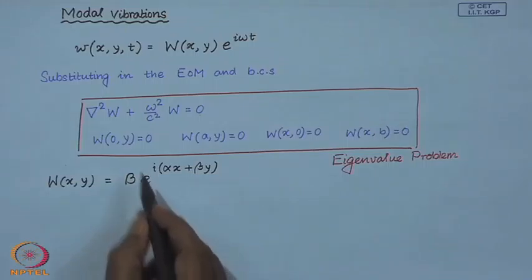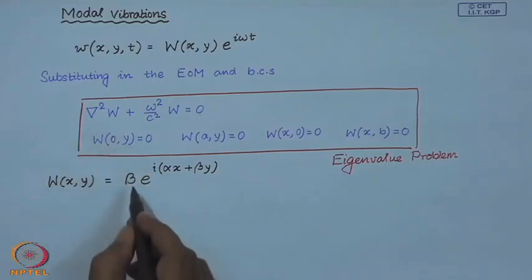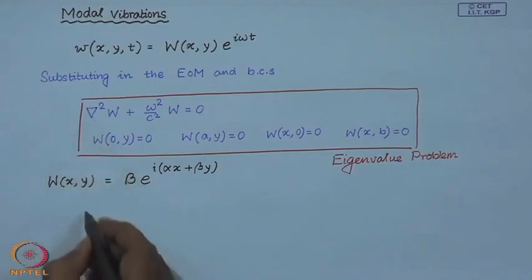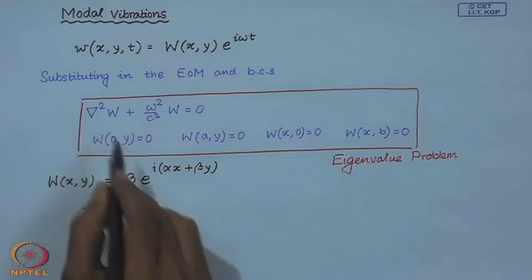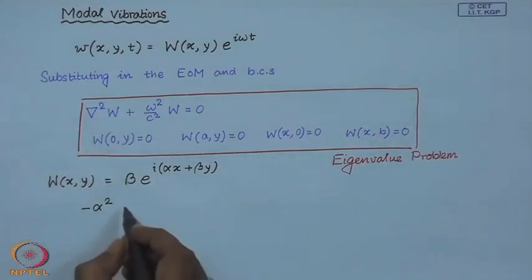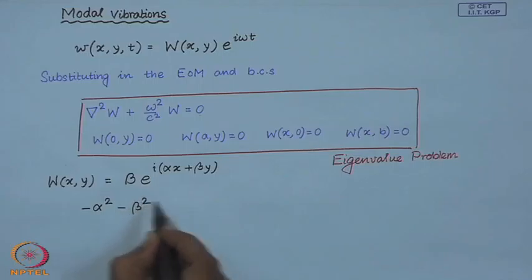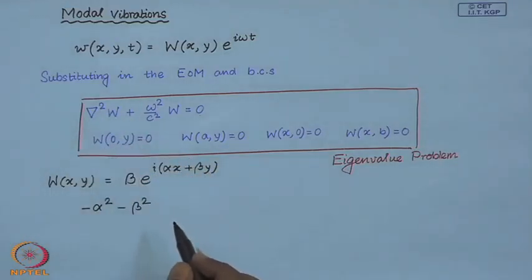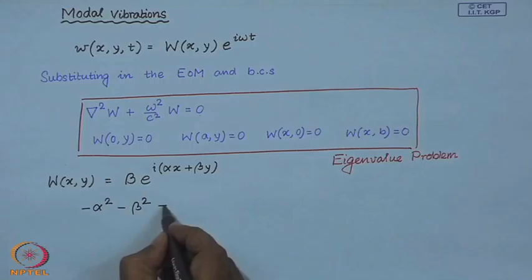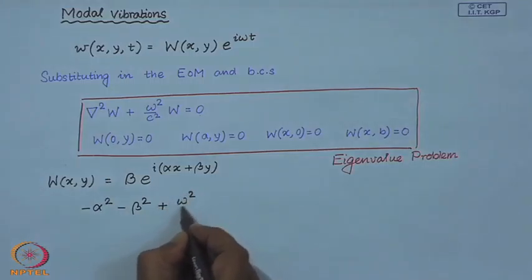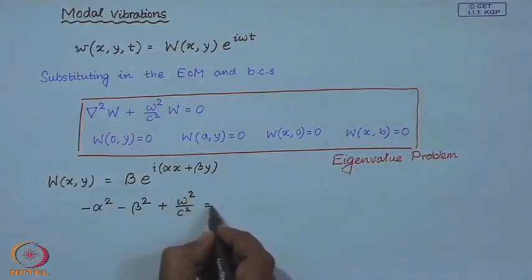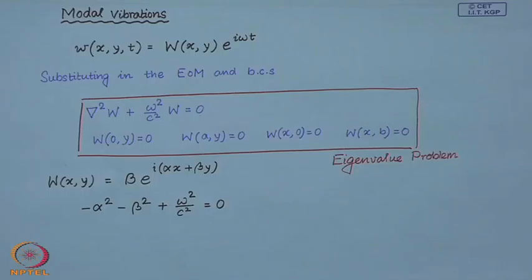So, if you substitute this solution form in here, since we have double derivative with respect to x, that gives us minus alpha square, minus beta square from the double derivative with respect to y, plus the remaining term.